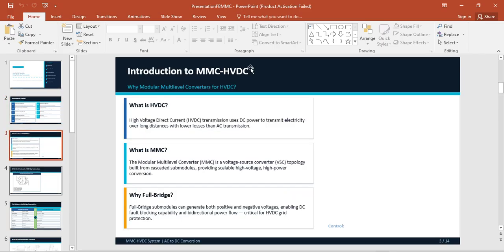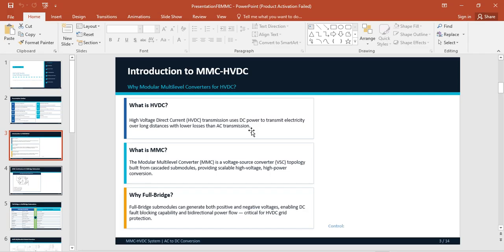So you all know what HVDC is. HVDC is a high voltage direct current transmission line that uses DC power to transmit electrical power over long distances. So why is HVDC preferred? Because at longer distances it gives us more stability and less losses compared to an AC transmission line.